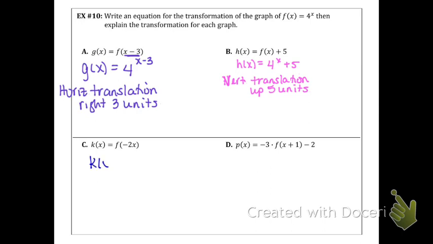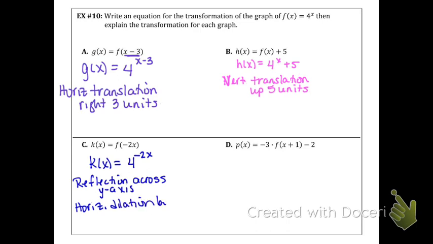So k of x will equal 4 raised to the -2x. And so we know the negative is a reflection across the y-axis. And the 2 is a horizontal dilation by 1/2.